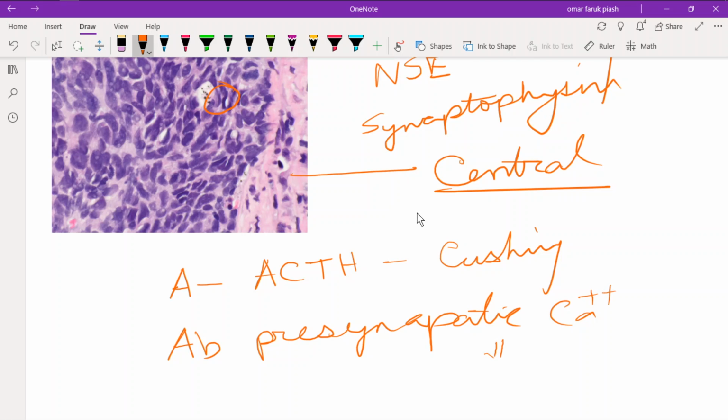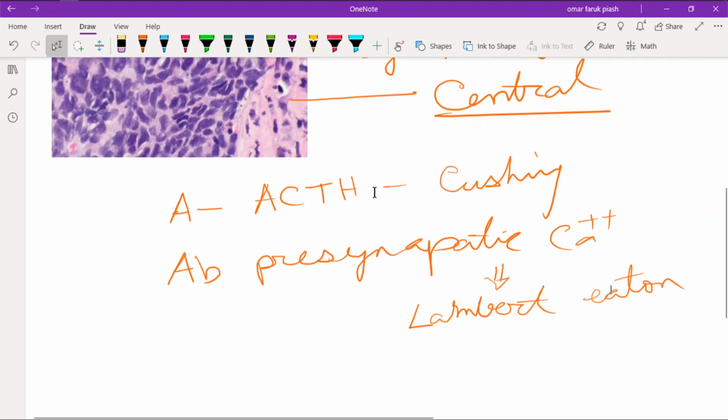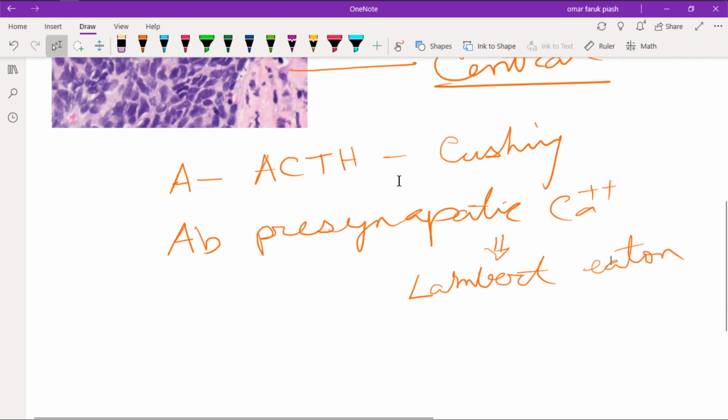If there is an antibody against the presynaptic calcium channel, can you tell me the disease? It is actually Lambert-Eaton or Eaton-Lambert syndrome. In Lambert-Eaton syndrome, there is an antibody against the presynaptic calcium channel.